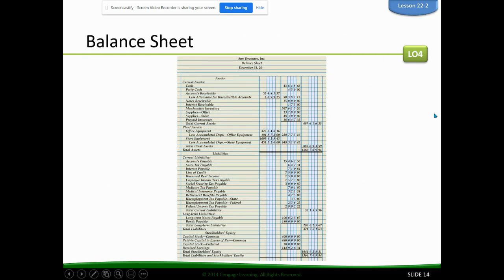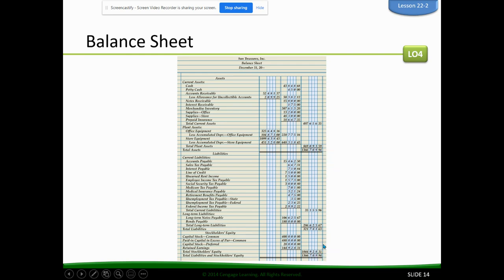And then the last piece is the balance sheet. The balance sheet is wrapping it all together, making sure my assets equal. So my assets are at the top, and notice the double underline. That's the end of my assets. My assets equal my liabilities underneath plus my stockholders' equity. And notice these two numbers close to the double underline match.